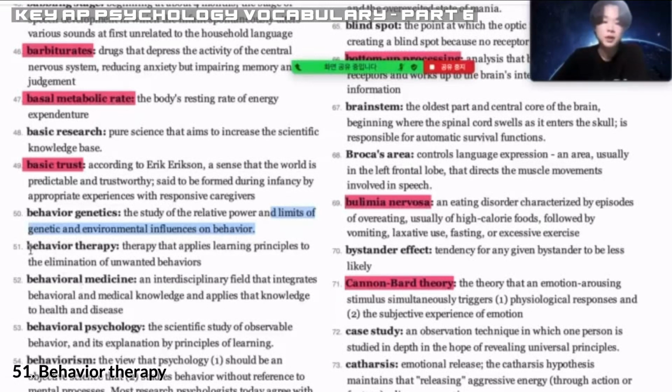Now let's look at behavior therapy. Behavior therapy is the therapy that applies learning principles to the elimination of unwanted behaviors. Through this therapy, you can get rid of unwanted behaviors, such as ADHD could be one. The ADHD symptoms of being really inattentive can be eliminated through these types of behavior therapy.